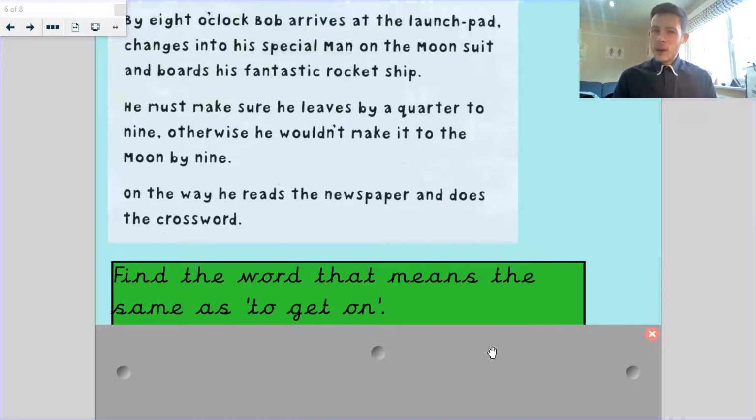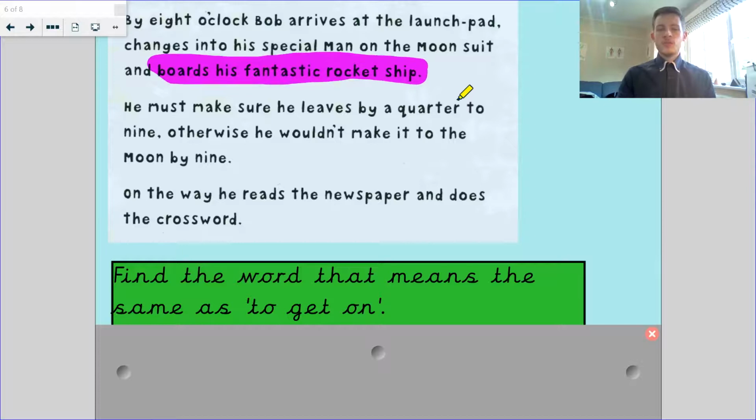See whether you can figure it out. Pause the video if you need a bit of extra thinking time to read through it. So, we need a word that means he's going to get onto something. He changes into his special man-on-the-moon suit and boards his fantastic rocket ship. Now, he boards his fantastic rocket ship, which means he's getting onto his fantastic rocket ship.